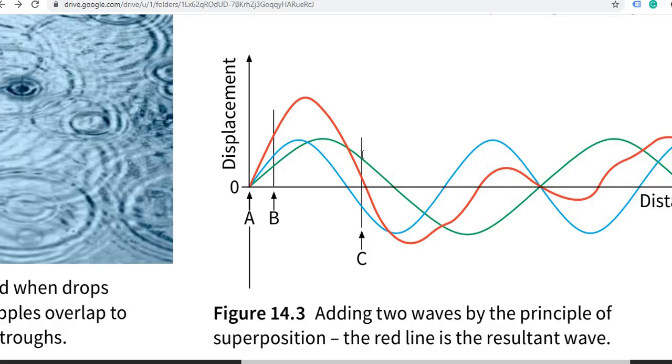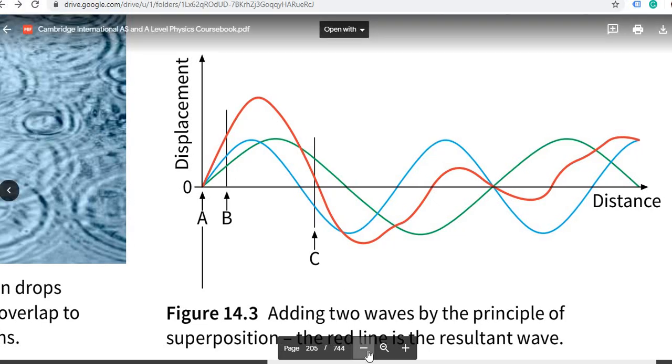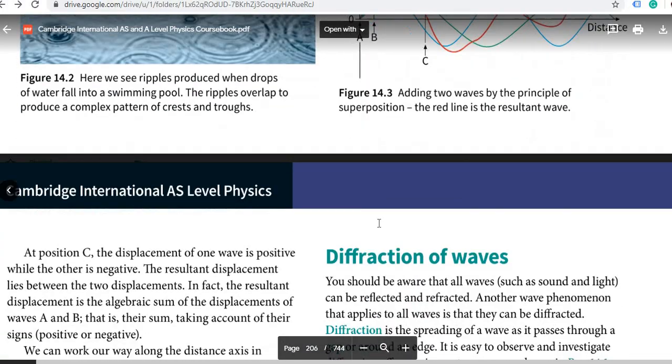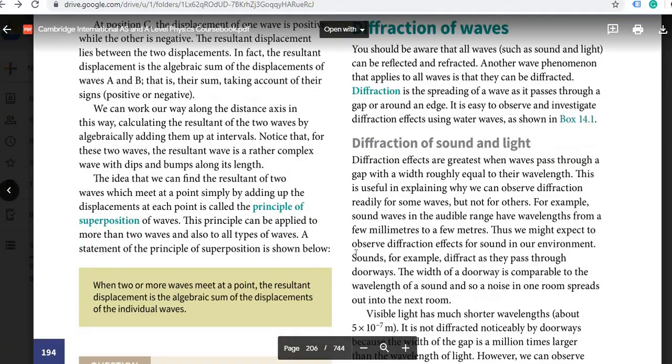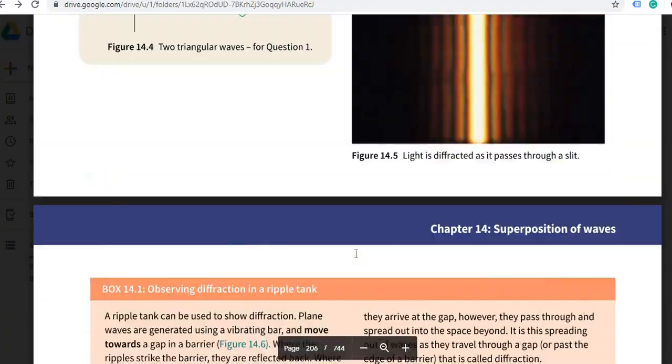Then it will be plus 6 minus 5, which is plus 1. You see that? So here it will be plus 1. Like that you should be able to figure it out. There are some more examples here to help you understand it better, and there are questions also. So we'll go through a little bit more.